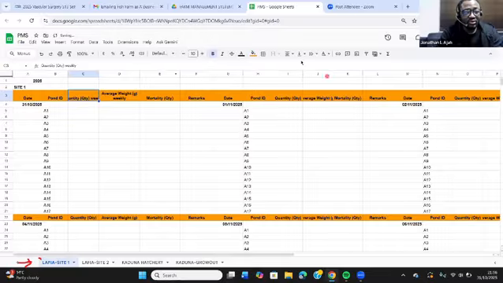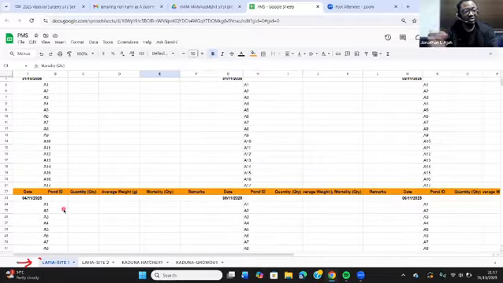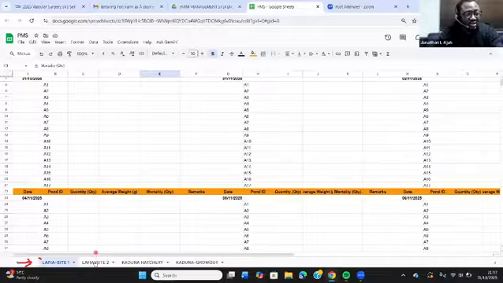Mortality has to be daily. So the average weight and the quantity are weekly. So you get all of the ponds from A1 to A17. That's site 1.